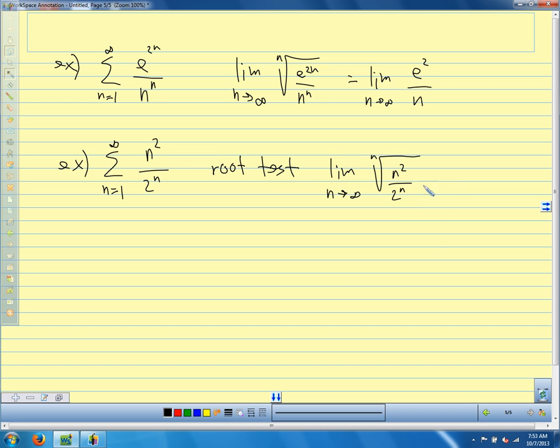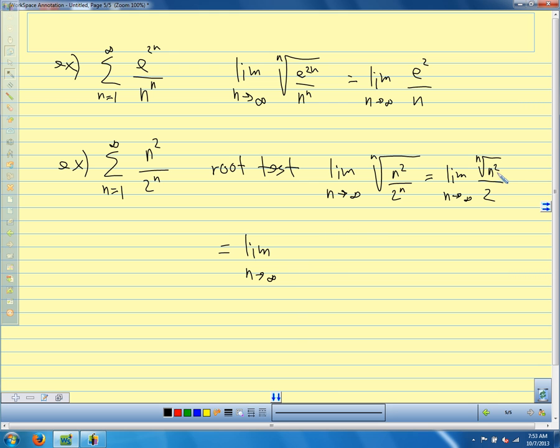How can I rewrite this? Well, let's look at the denominator first. Let's do the easy one. What's this? 2. And I'm just going to rewrite the numerator as the nth root of n squared. I want to get to something that looks a little more familiar. So how can I rewrite the nth root of n squared? Let's go even more basic than that.